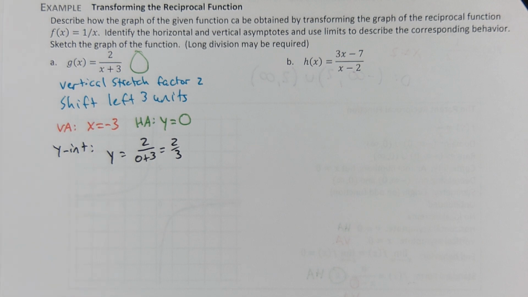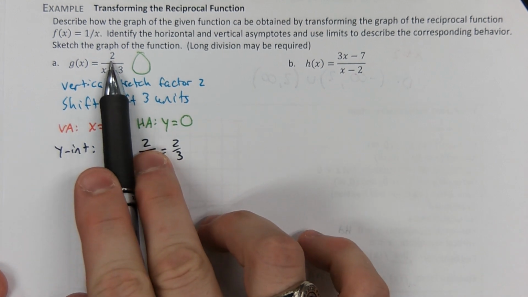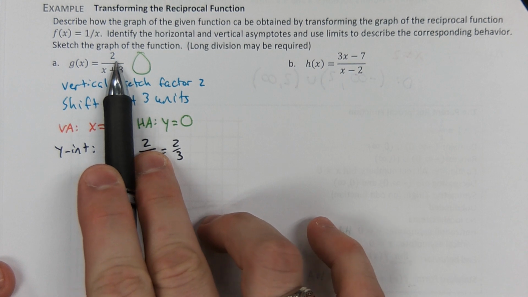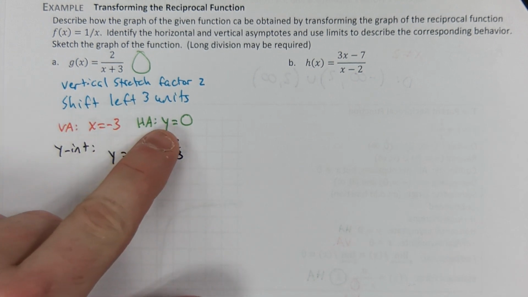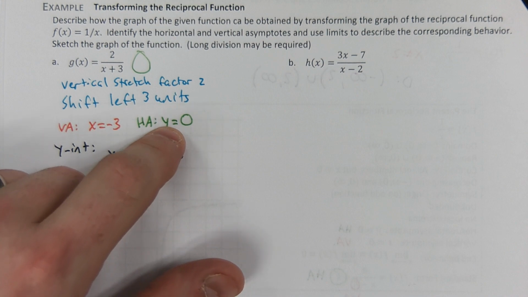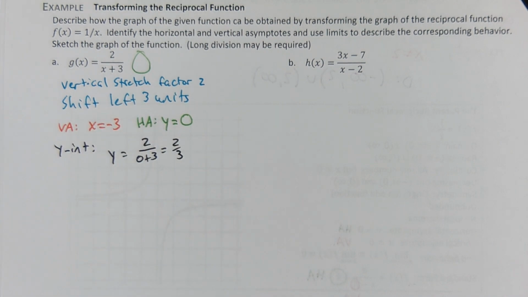So the only way is if the top is 0. Can the top of this fraction equal 0? Nope. What that tells us is this graph has no x-intercept, because that's its horizontal asymptote. So it shouldn't be surprising.